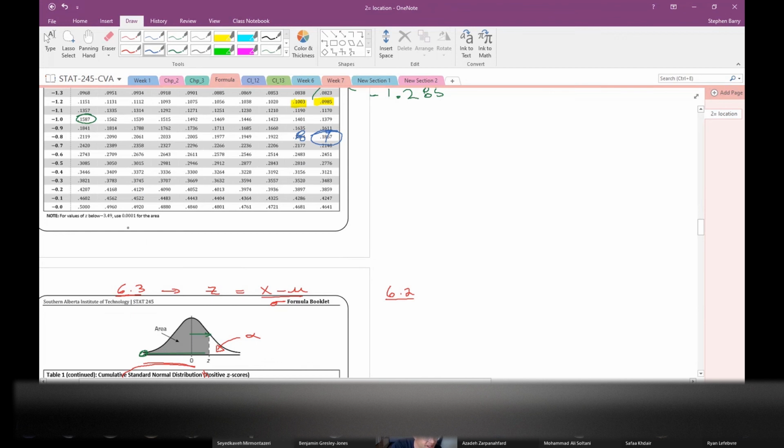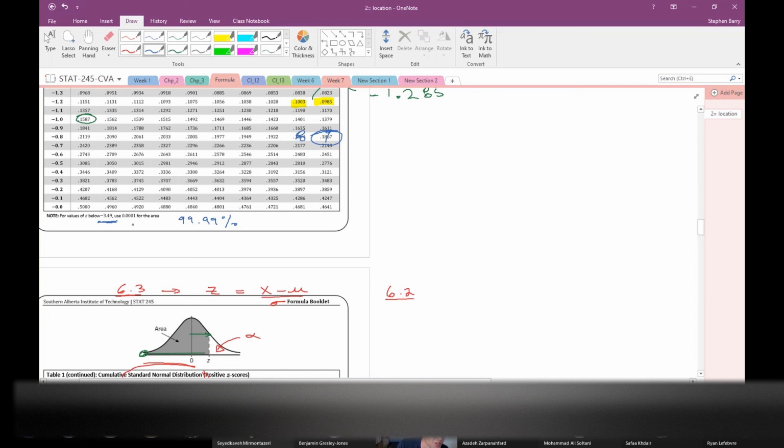As Saeed was bringing up at the end of last class, if you need to be more than 99% sure, use a different Z-score here. If you want to be 99.99%, which is the top of our chart, and you want to be super sure, use 3.49 or something as your Z-score.